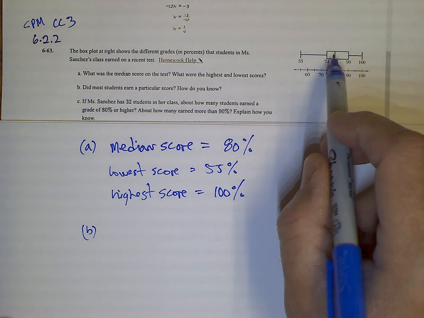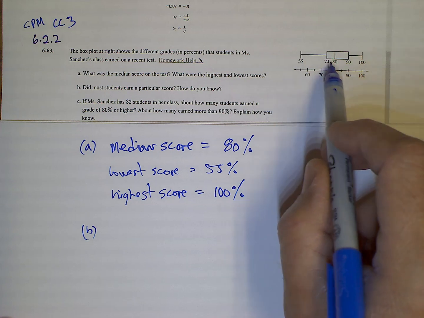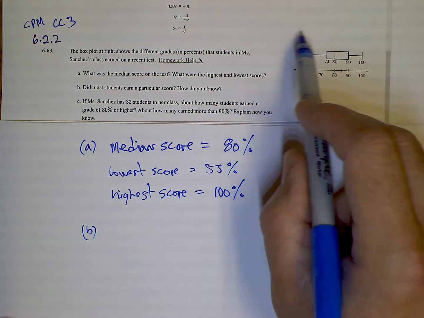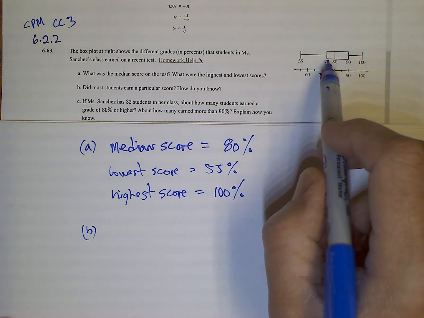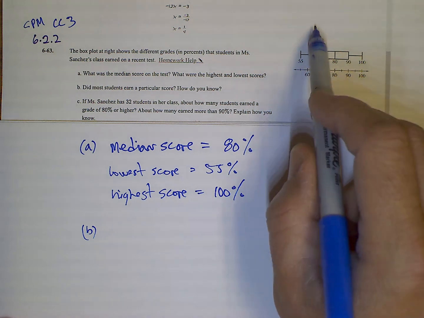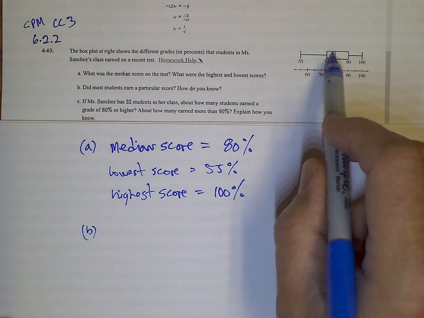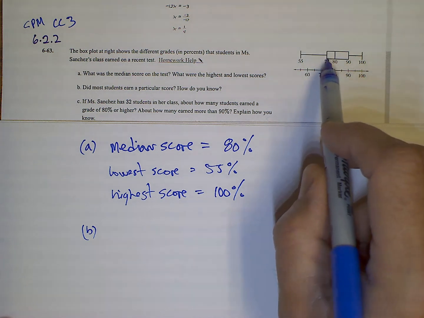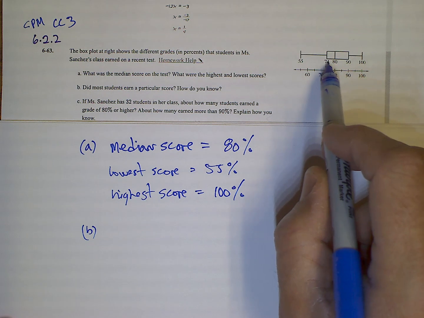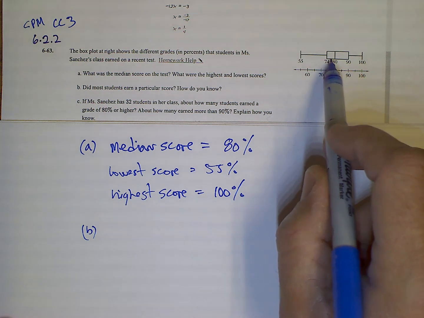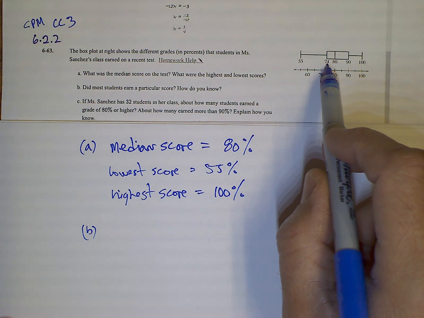So if I were to list 55 through 80, all the scores in order, that 74 is the middle of it. And because it's really close to 80, that means a fourth of the scores are between 74 and 80.